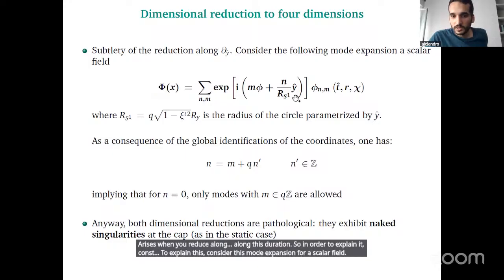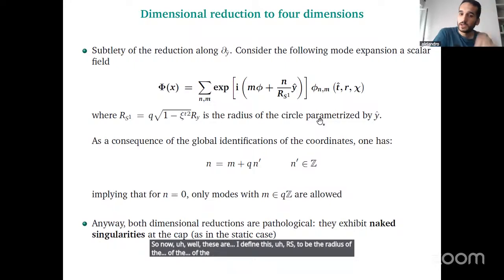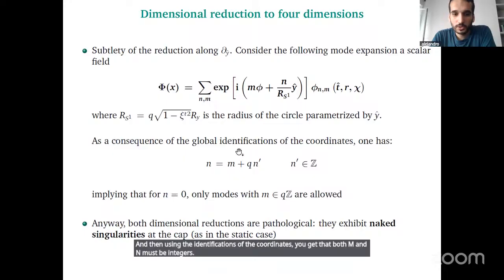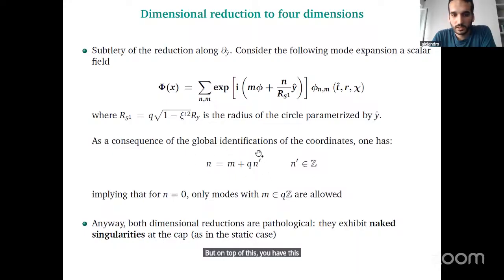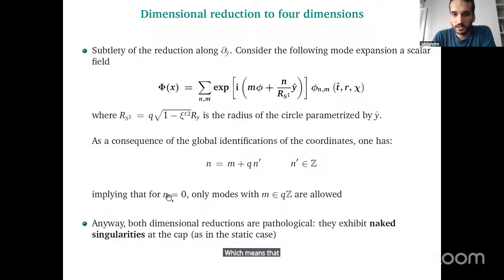I define RS to be the radius of the circle parameterized by the coordinate y hat, and then using the identifications of the coordinates, you get that both m and n must be integers. But on top of this, you have this relation here, which tells you that n equals m plus q times some other integer, which I am calling m prime, which means that you are restricted to the lowest KK mode, n equals 0.